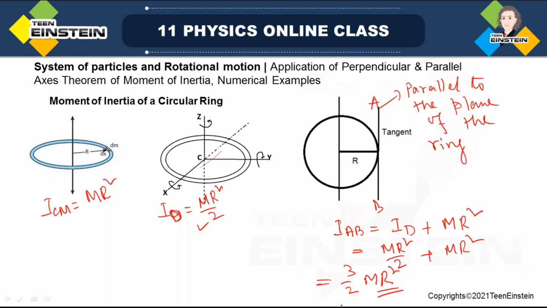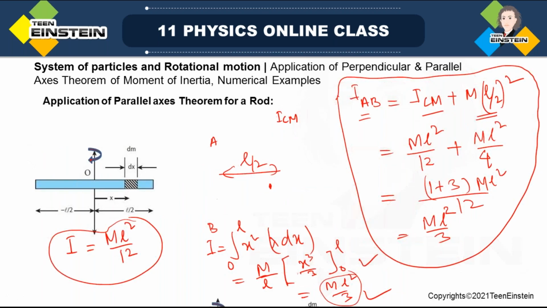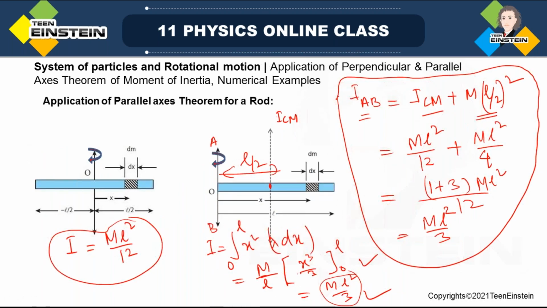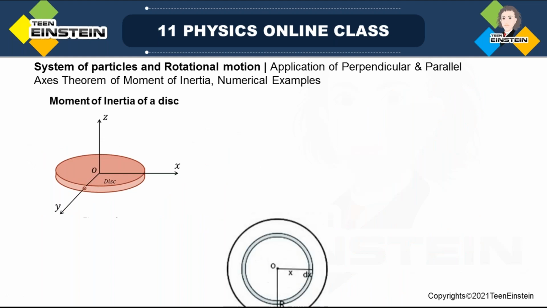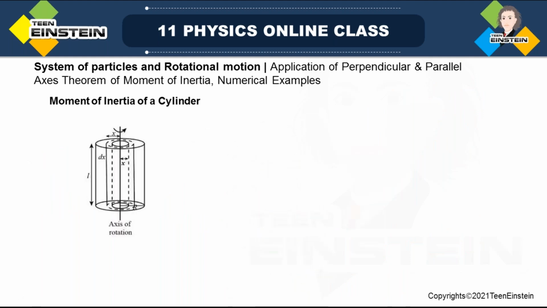So I have shown you how to apply the perpendicular axis and parallel axis theorems to calculate moment of inertia, at least for a rod and a ring. But there are many such objects like disc, cylinder, cone, solid sphere, all those things.